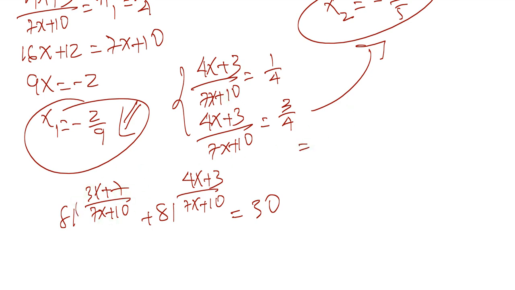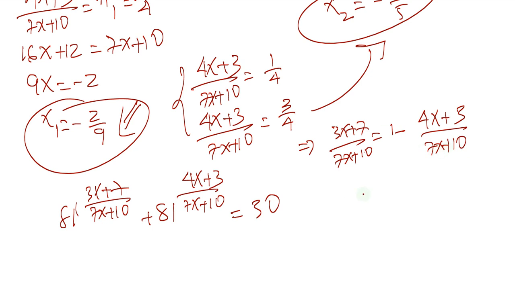But remember that we said that (3x + 7)/(7x + 10) is equal to 1 minus (4x + 3)/(7x + 10). Do you remember this from the beginning? Okay, cool.